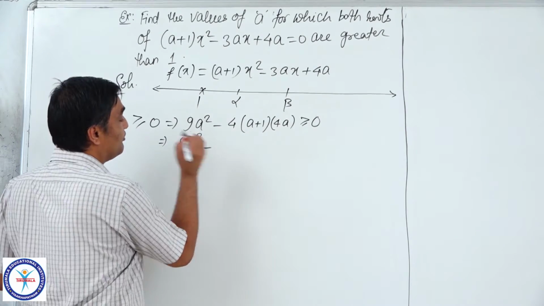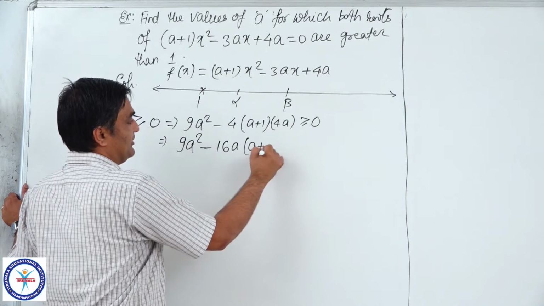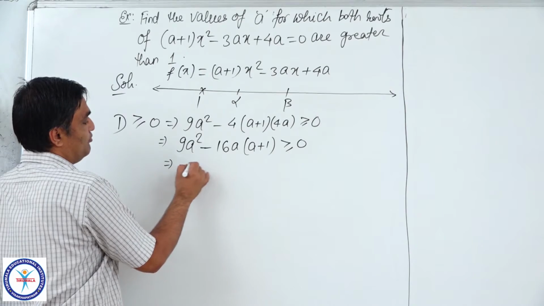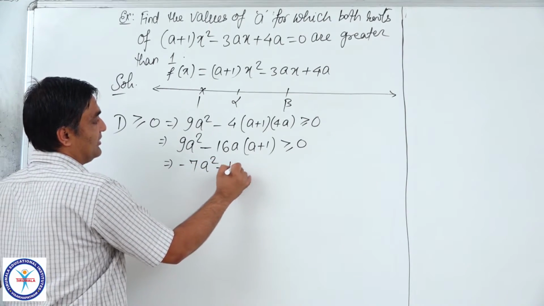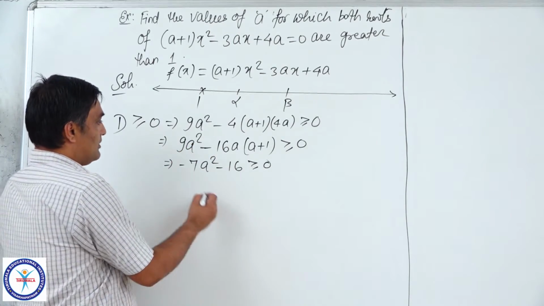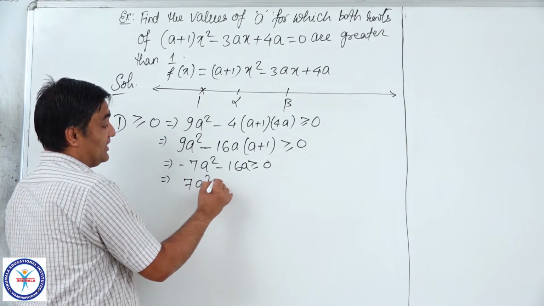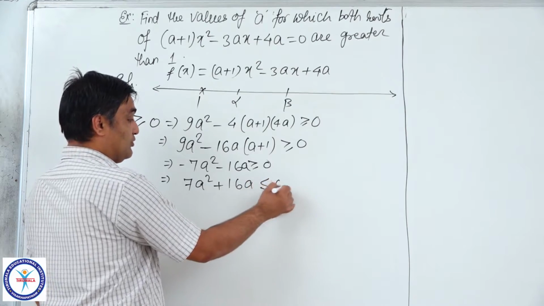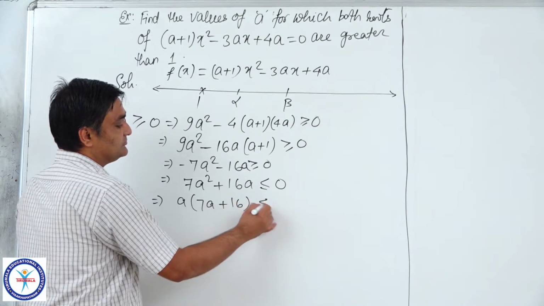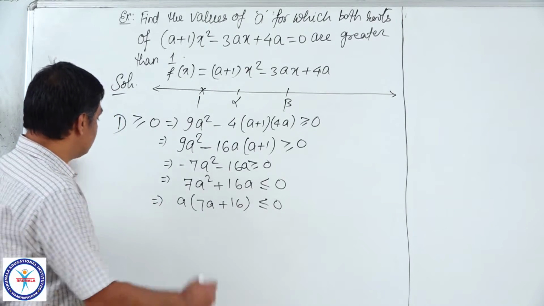9a² − 16a(a+1) ≥ 0, so −7a² − 16a ≥ 0, that is 7a² + 16a ≤ 0. We have to use the sign scheme for this.